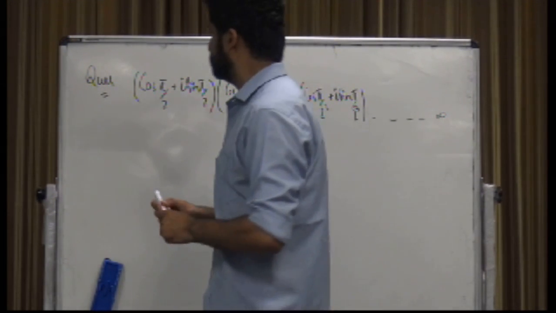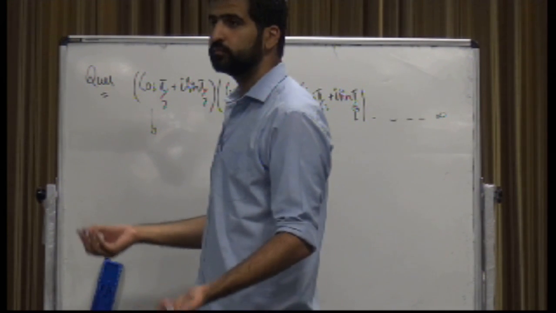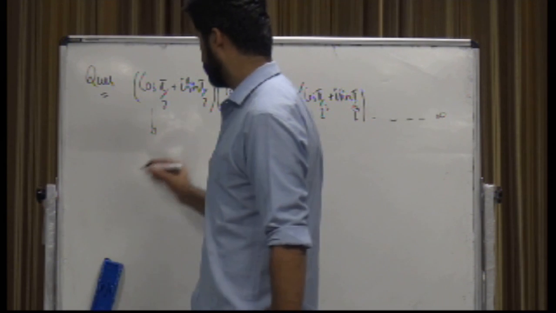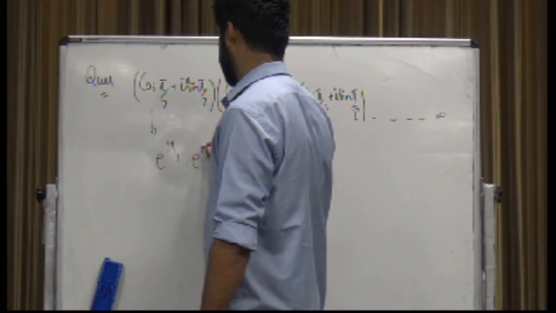So try to write this into Euler's form. What is it? e to the power iota pi by 2 into e to the power iota pi by 4 into e to the power iota pi by 8 and so on till infinity.